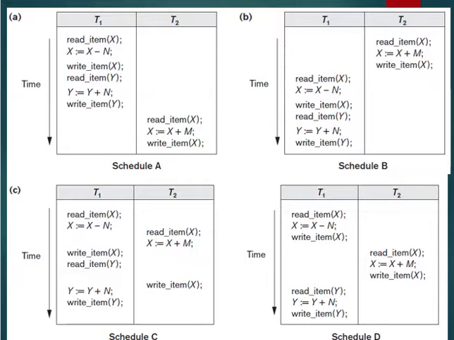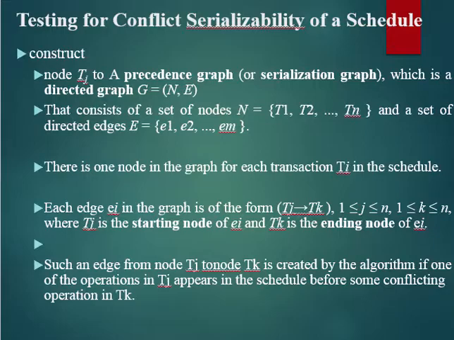There is an algorithm for that, rather than trying to move all these operations. A question may come in the university exam on how to do this, so you have to study an example for that. There is another way, which is testing for conflict serializability of a schedule. We can study it in our next class.